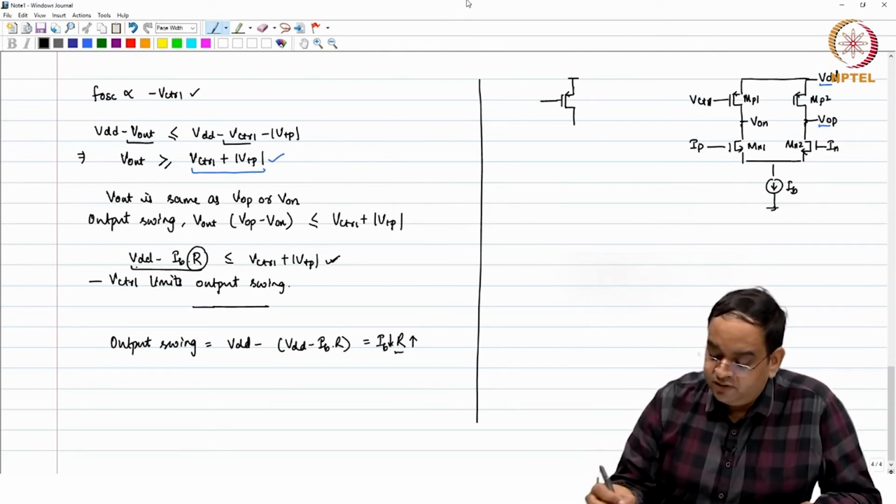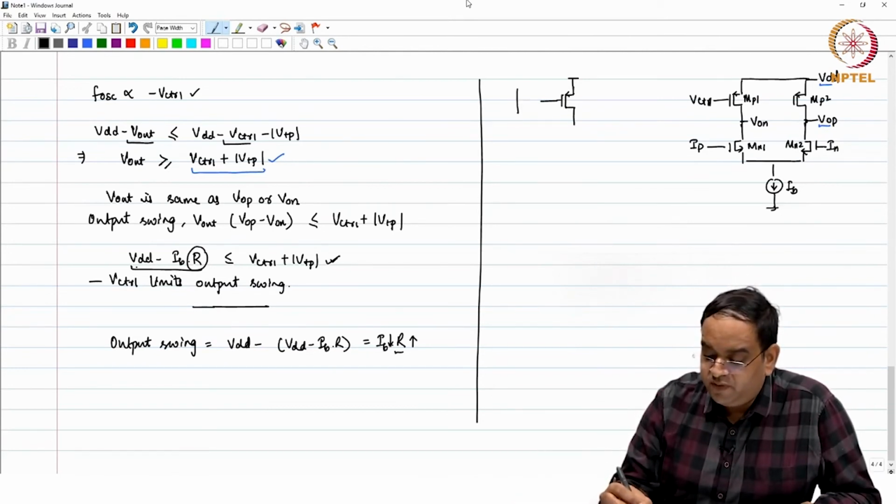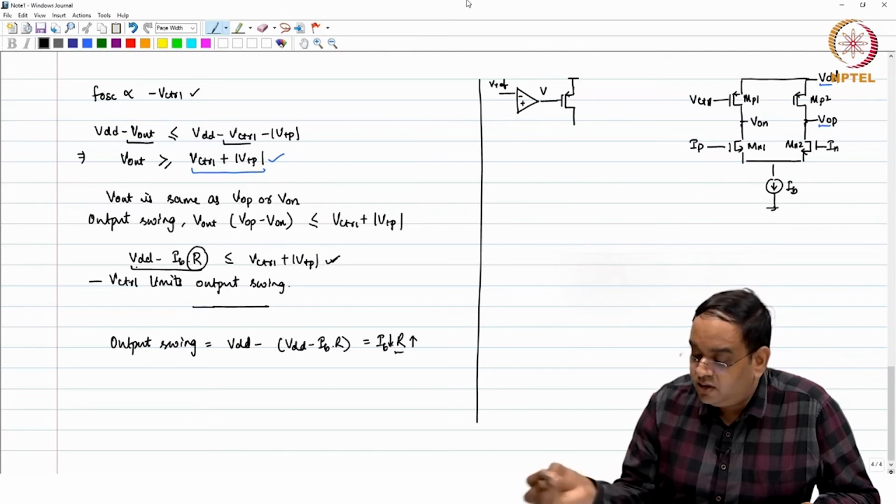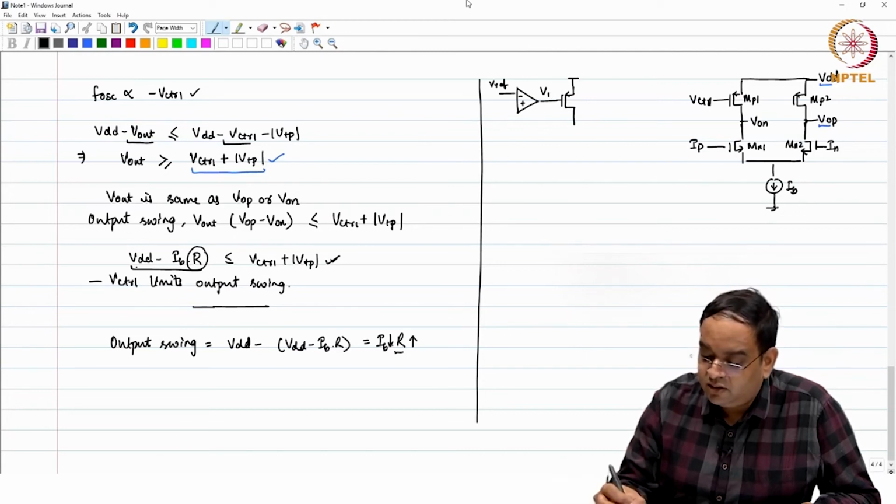Okay. So, if I want to keep the fixed output swing, I will give this as a reference voltage and control VR, just a minute, let us say Vx.